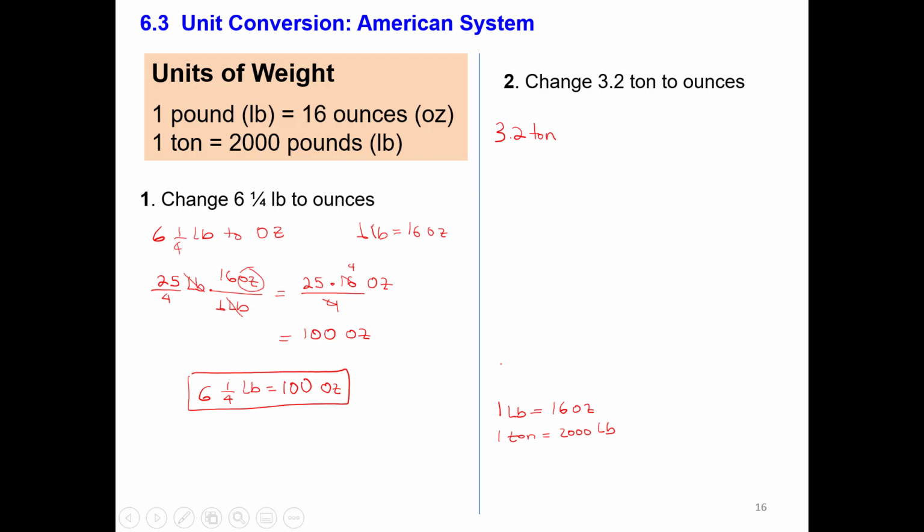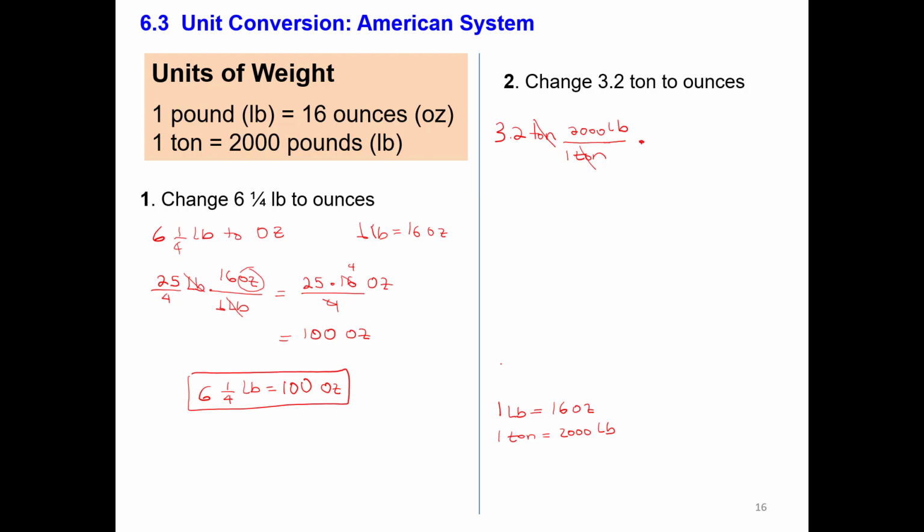Then we will use first this conversion factor to convert tons into pounds. The right way to write this conversion factor is so the tons cancel out. Then 1 ton must be in the denominator and 2000 pounds on top. In this way, these units cancel out, and we have pounds.